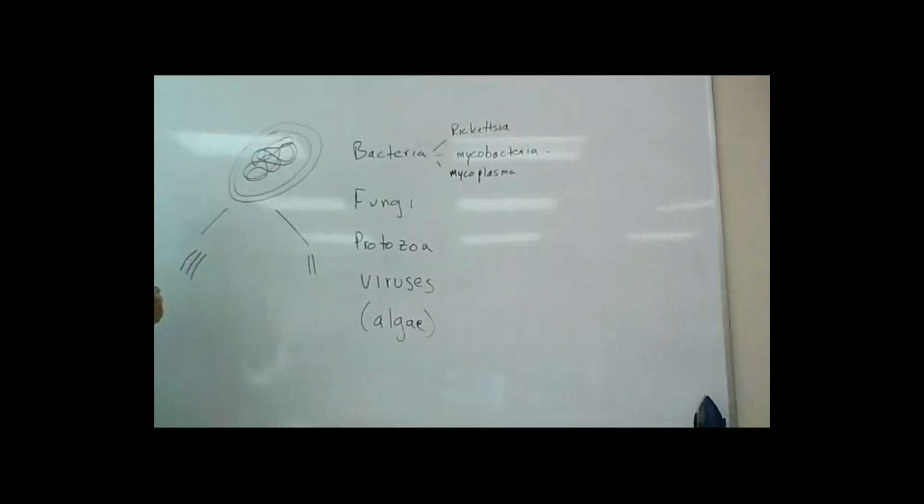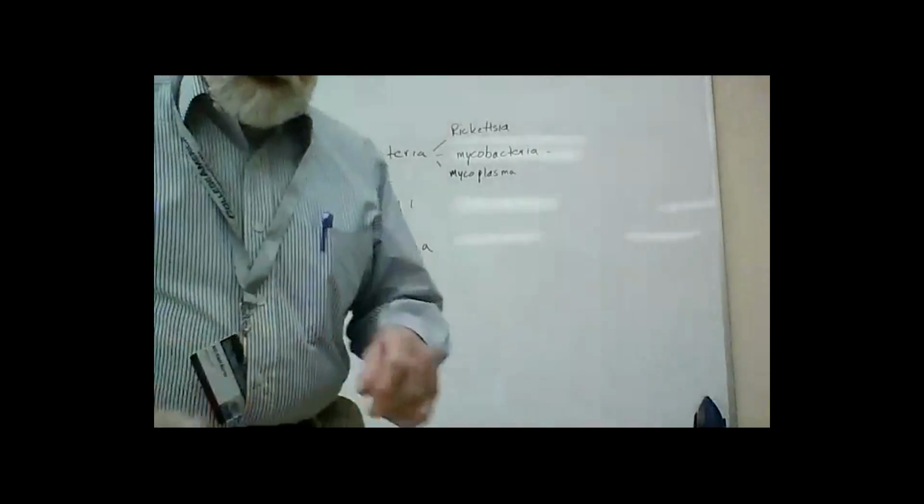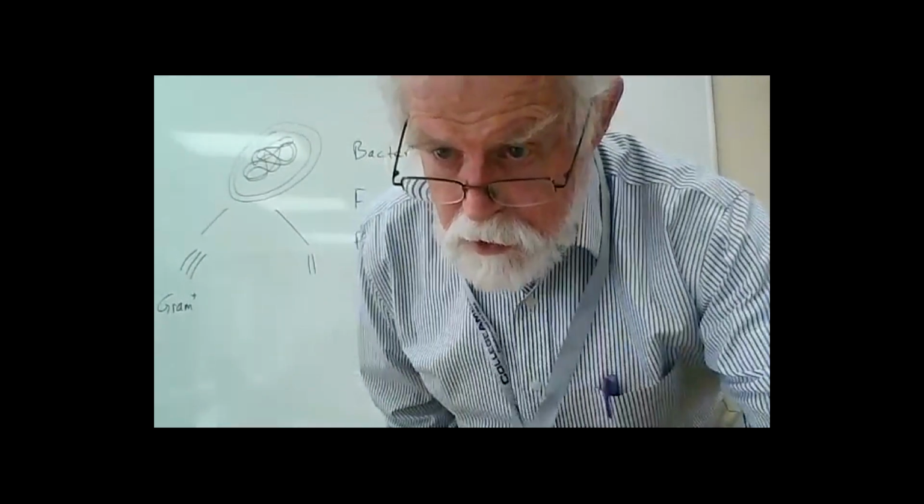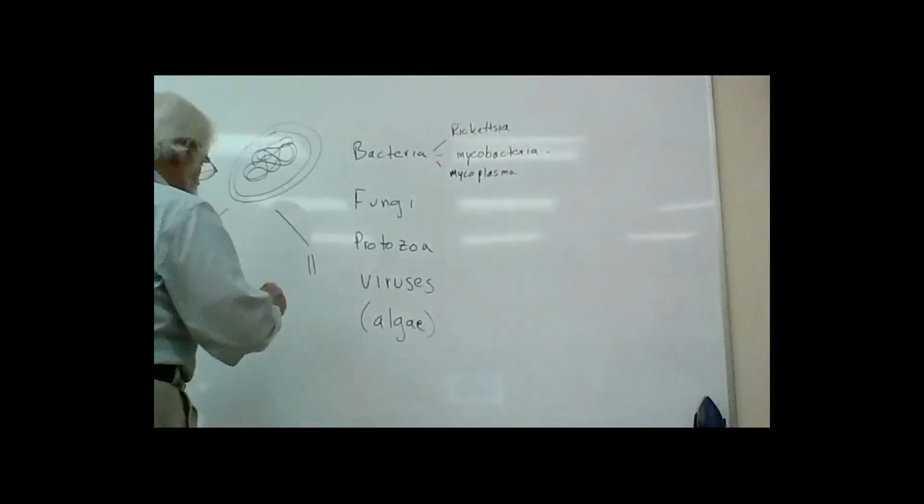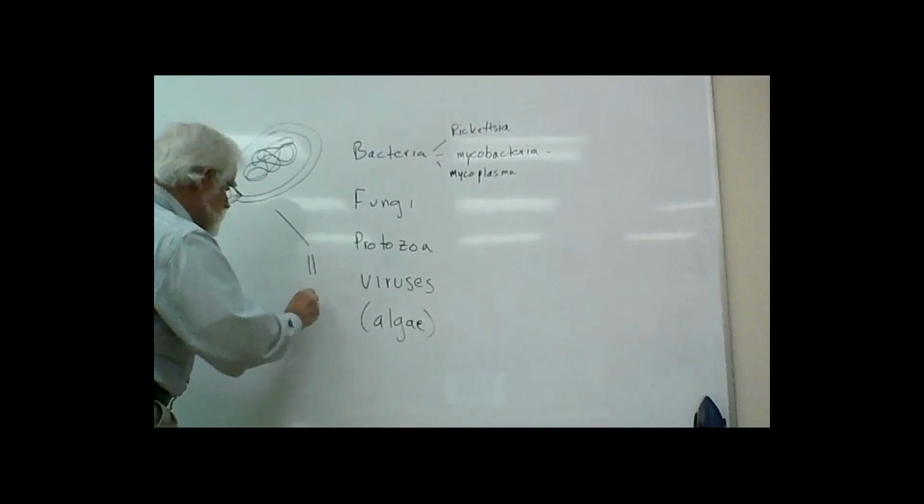The blue-black is Gram positive, and Gram has nothing to do with the weight measure. Gram was actually the name of the Danish microbiologist that invented this staining process. And the others are Gram negative.